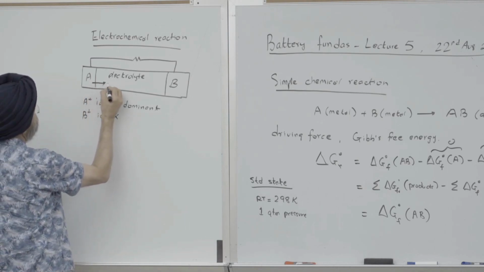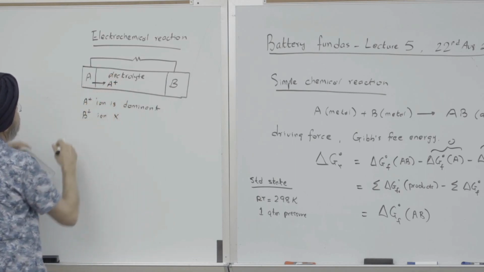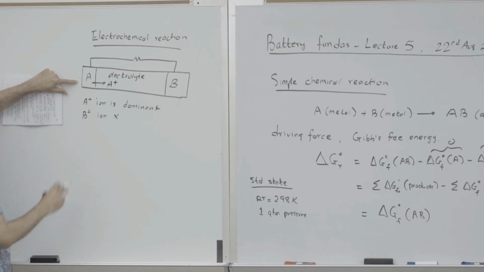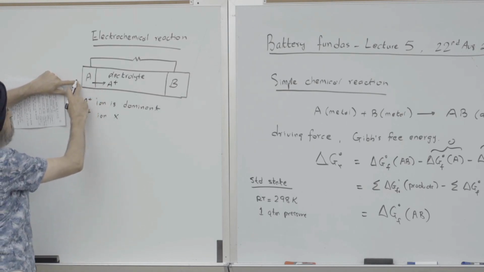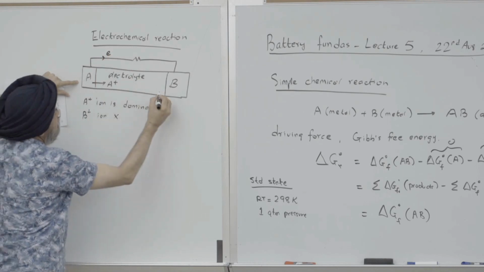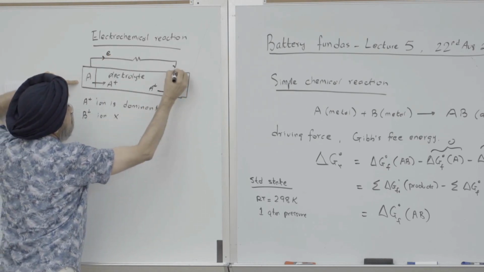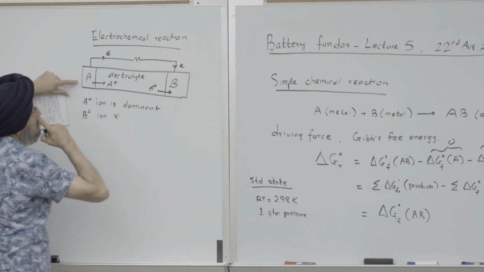So A plus will enter the solution, and when we lose one A plus, we lose one electron, so that electron has to go that way. When this A plus comes over here, it meets up with that electron.